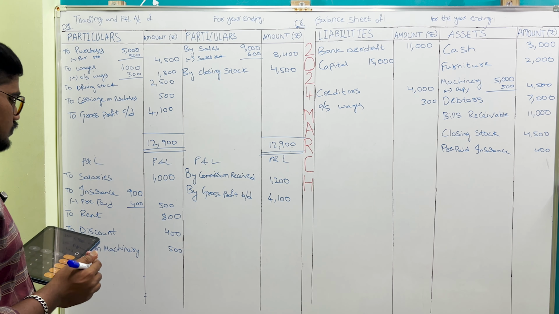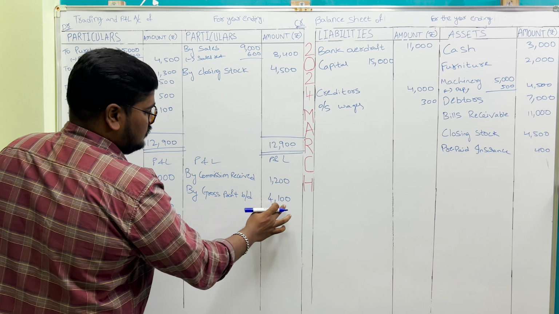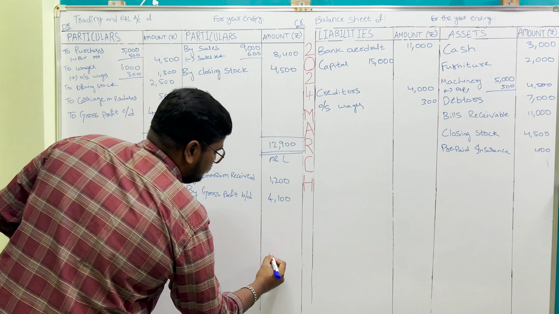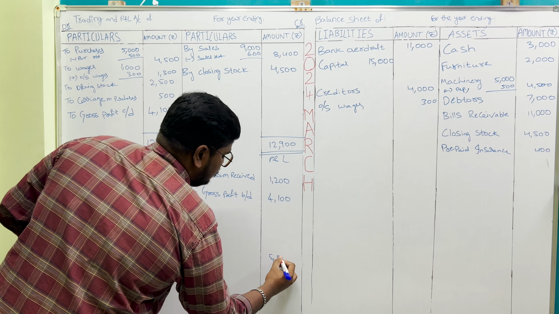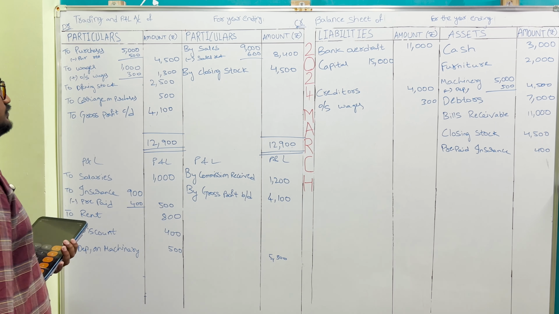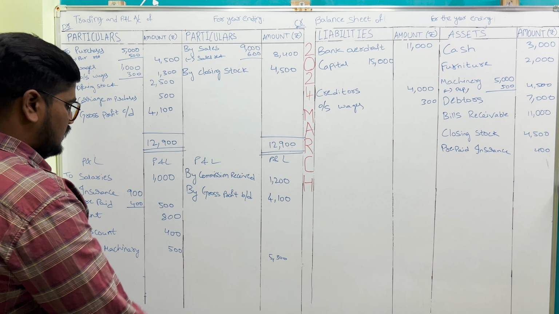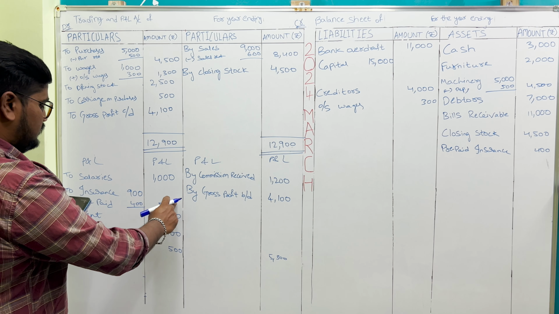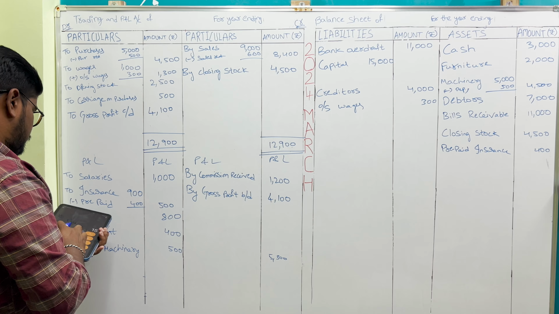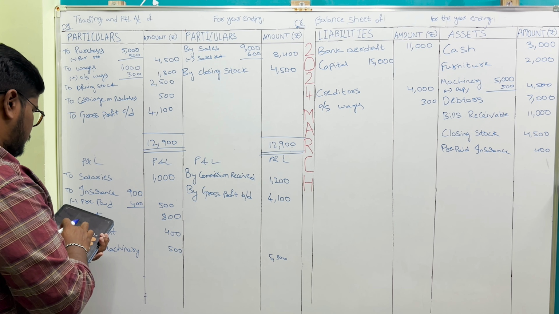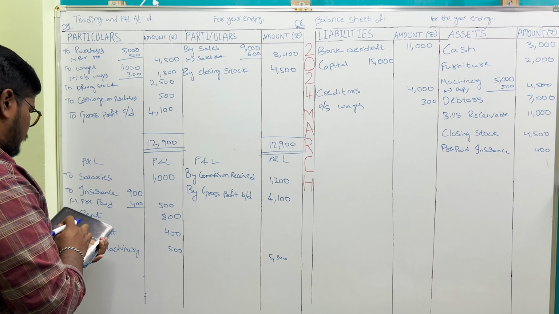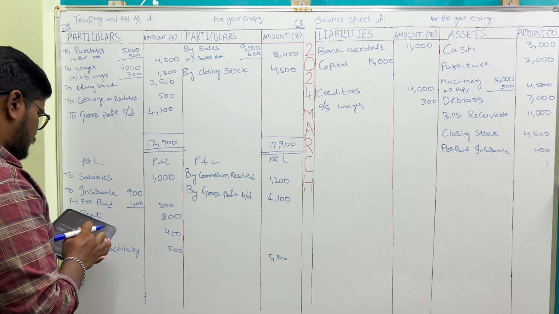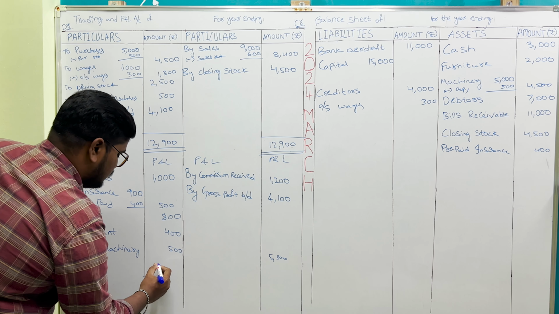Now quickly do the math. 4,100 plus 1,200 is 5,300. Okay, and here 1,500 plus 800, 400, 500, 3,200.